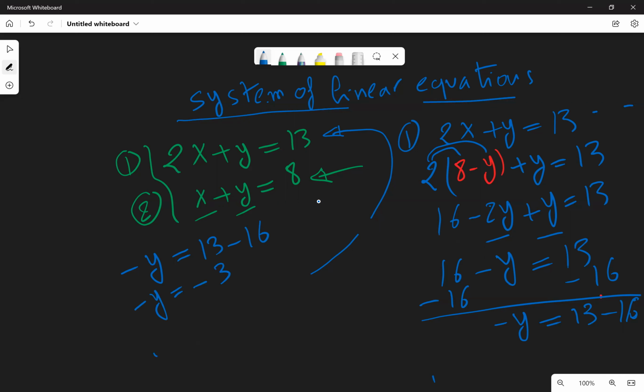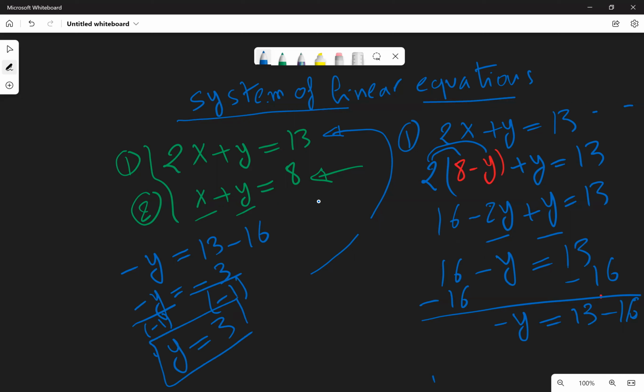And then here I want to solve for y, and I have negative y, negative 1 times y. So I have to divide by minus 1. I'm doing these steps so you can see what I'm doing. So I divide by minus 1, and I get y equals 3.